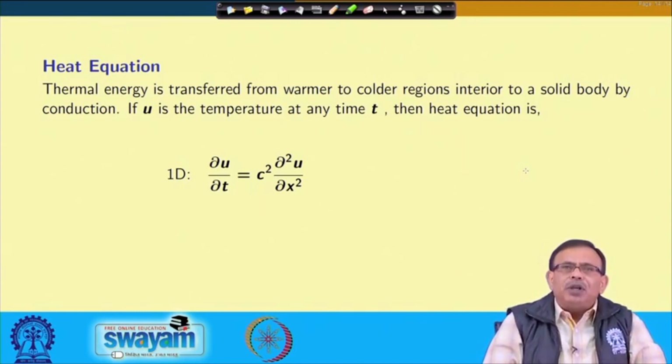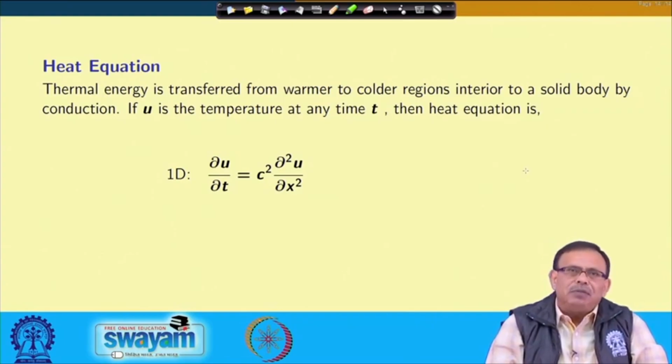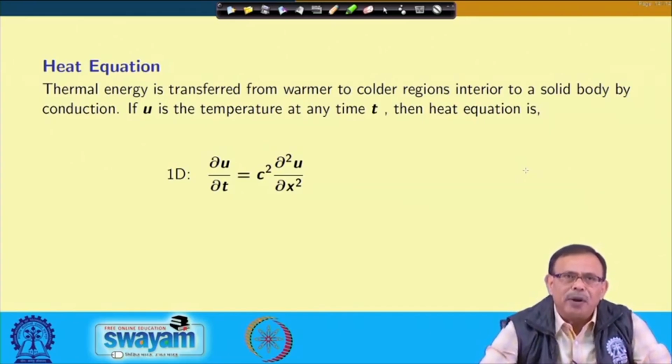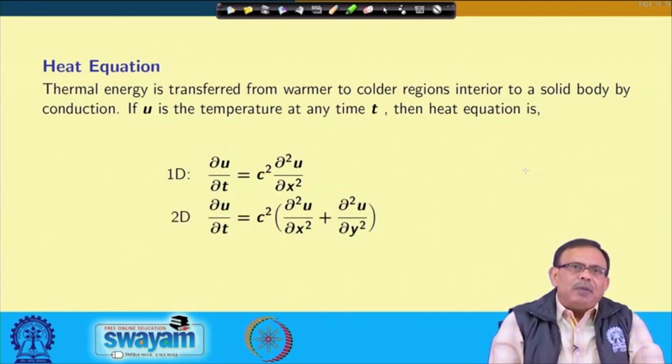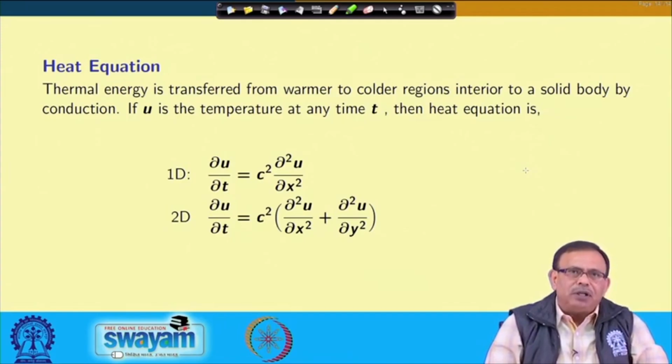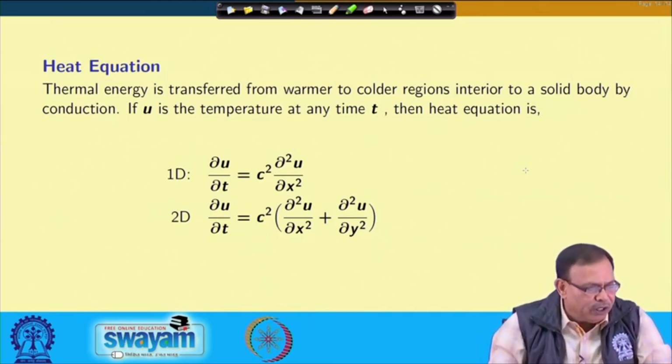One dimensional heat equation, we write it as ∂u/∂t = c² ∂²u/∂x². Please note this thing. Similarly, two dimensional heat equation can be written as ∂u/∂t = c²(∂²u/∂x² + ∂²u/∂y²).